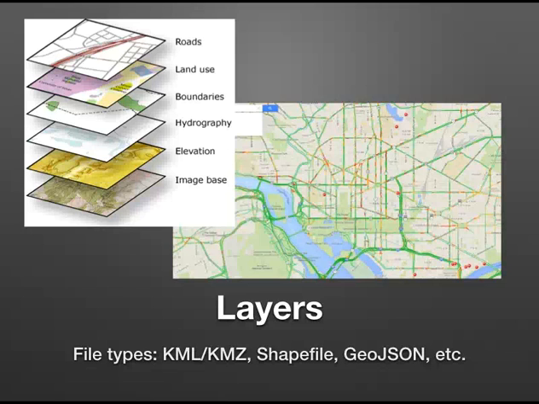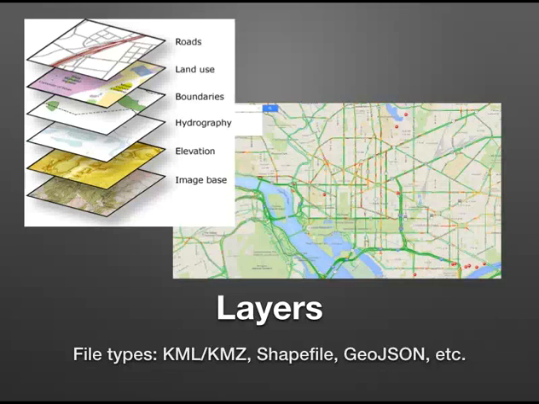There are certain file types out there, at the bottom, that support layers. You'll start to see these file types as you work with maps. A popular one is the KML or the KMZ. That's the Google map layer file type. It originally came from a product called Keyhole Maps, which is where the KM part comes from.